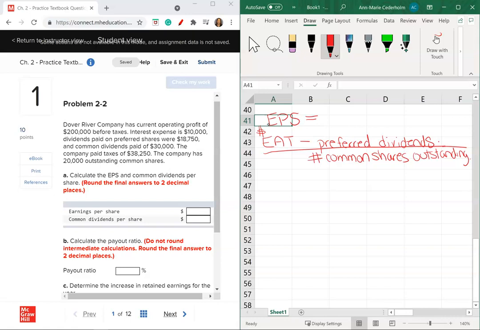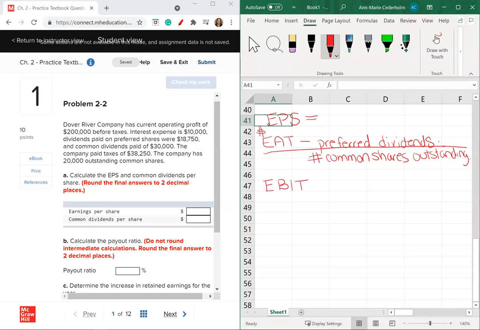The reason this question is a little bit complicated is that they don't tell me what my earnings after tax is. I actually have to calculate it. So I'll prepare the bottom part of the income statement in order to get to my earnings after tax. This is good practice putting the bottom part of the income statement together. I'm going to start with my earnings before interest and taxes.